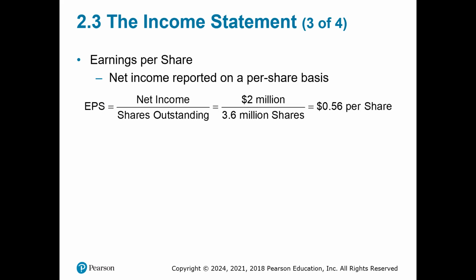So your earning per share is equal to your net income over your shares that are outstanding. Okay, and then you see where the net income was 2 million, the shares outstanding was 3.6 million. So it was 56 cents per share.